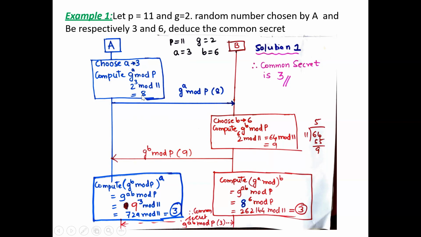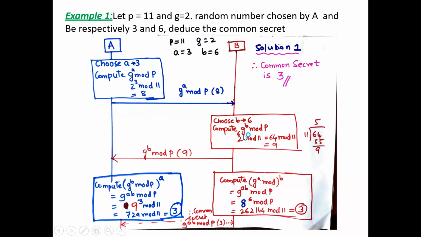Now this 8 is called the partial key calculated by A. This partial key will be sent to receiver B. Similarly, B has chosen its own random integer 6. A similar computation has to be done here: compute G raised to B mod P. G is 2, and the B value is 6.